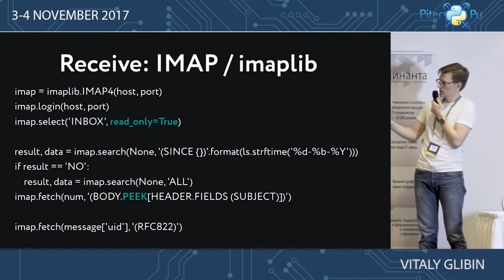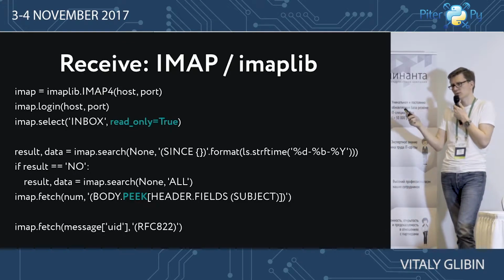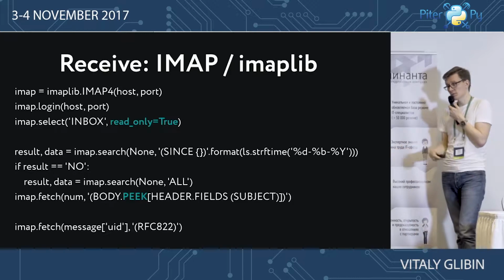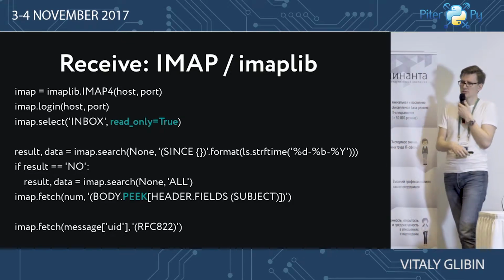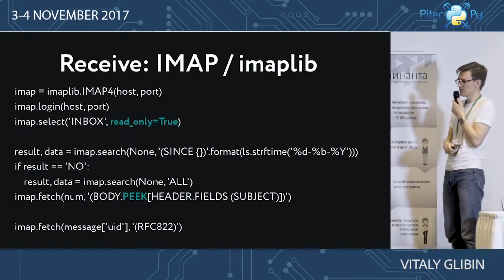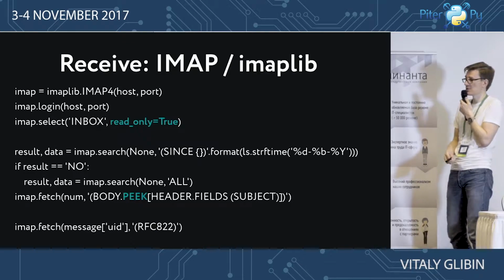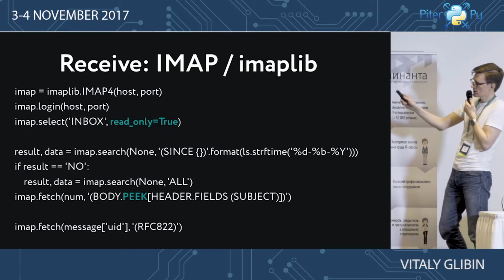And there's another keyword, peek, in the request. It gives the command that this particular message should not be flagged as read. These are two flags, so that the message is not marked as read without the customer realizing it.